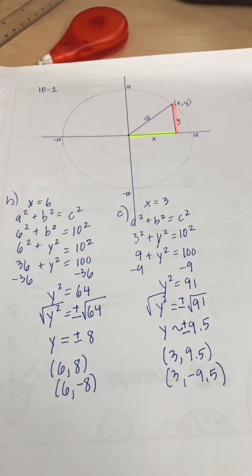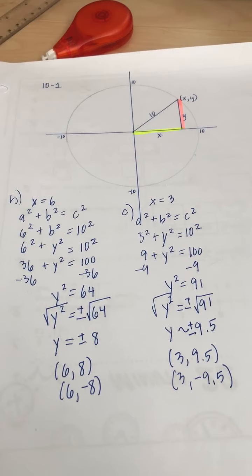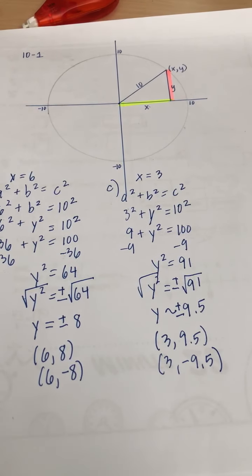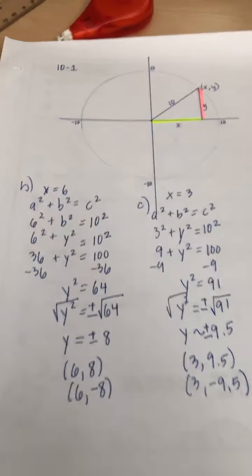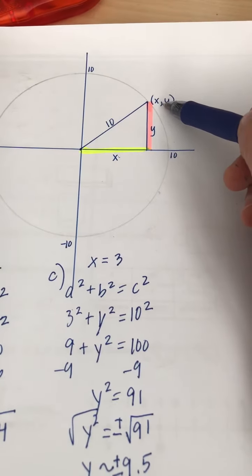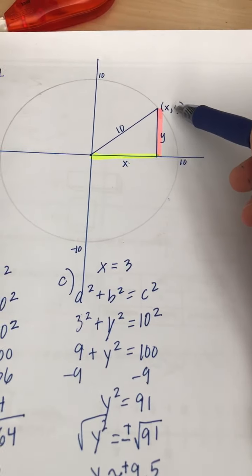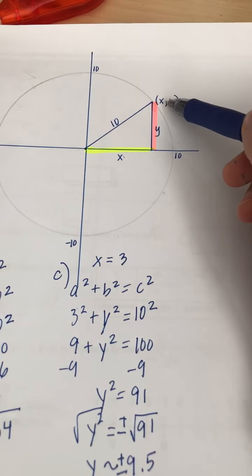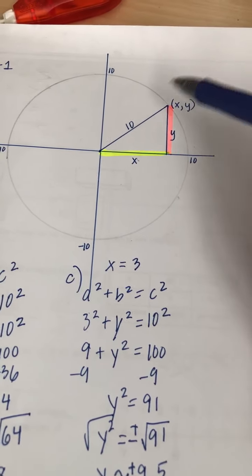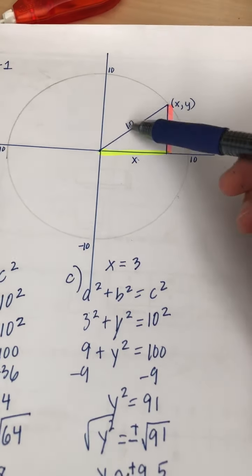10-1D says Mia picks a random point on the circle and labels it (x, y). That's here, (x, y). Unfortunately, she does not know a value for x or y. Help her write an equation that relates x, y, and 10. So what is an equation that relates x, y, and 10?